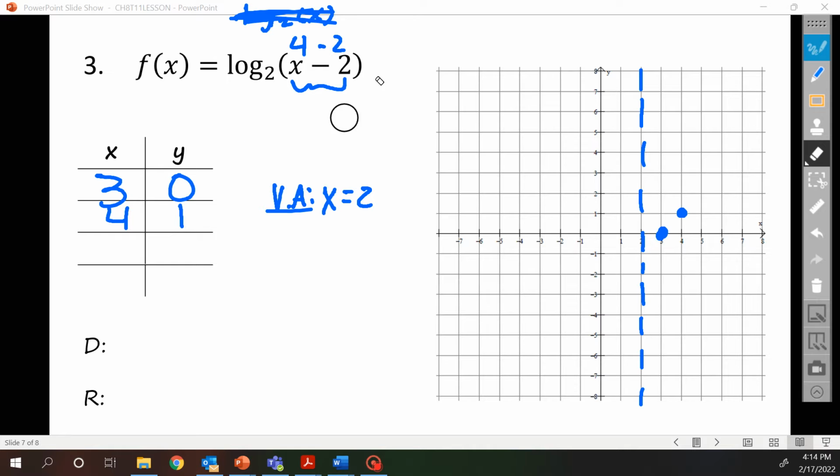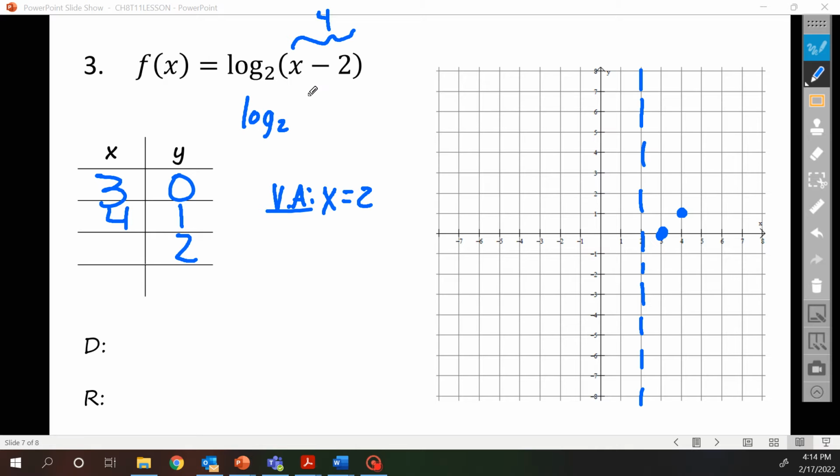And it looks like I can fit another point on here, so I'm going to just do one more point for good measure. The next point I plug in should give me 2 after I plug it in, which means that here needs to be 4, because log base 2 of 4 is 2. So in order to accomplish that, I'm going to have to plug in 6, because 6 minus 2 is 4.